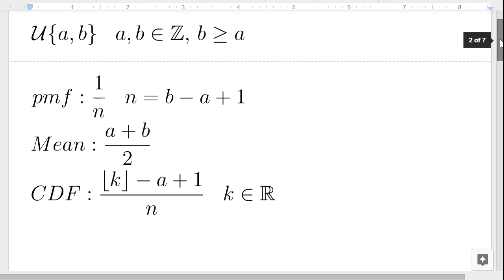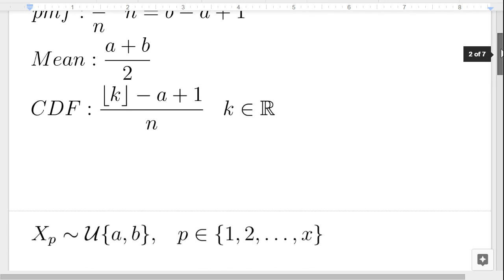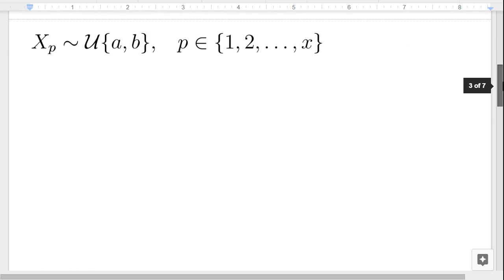But now, what we did is, well, we took a bunch of uniform discrete distributions, and for any number of them, we took the min or we took the max.